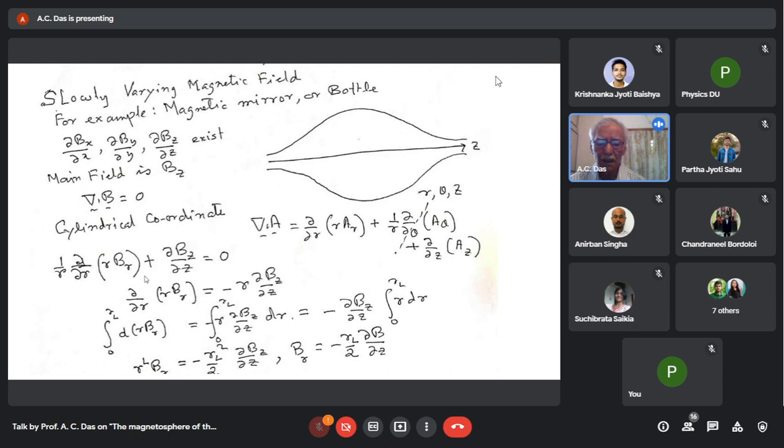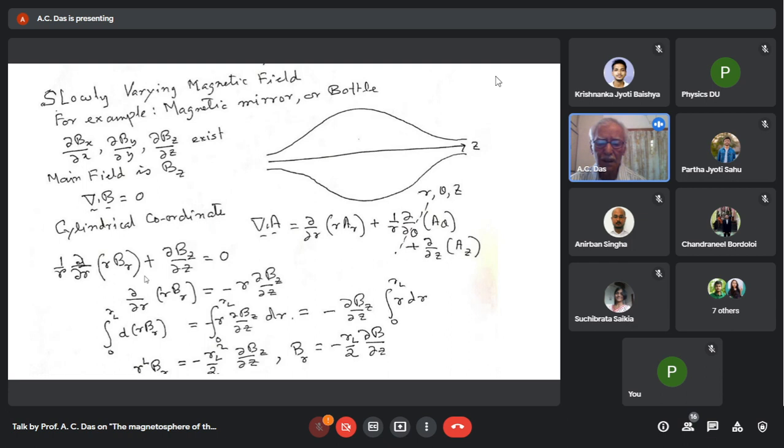Now what I wanted to say is that mass into acceleration is the force, and whenever you have a slowly varying function of the magnetic field, dB by dz, the force is given by minus mu dBz by dz. This could in general be true, and in general we can write minus mu gradient of B as the force.